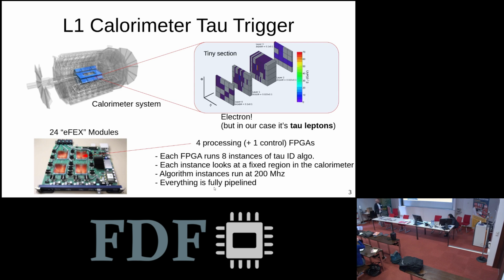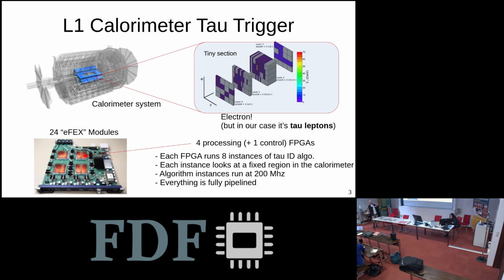The algorithm that I worked on lives in a subsystem of the level 1 trigger, which is called the level 1 calorimeter trigger. A calorimeter is a subsystem of Atlas that measures the energies deposited by particles passing through it. The image that the algorithms in that system see is shown on the top right.